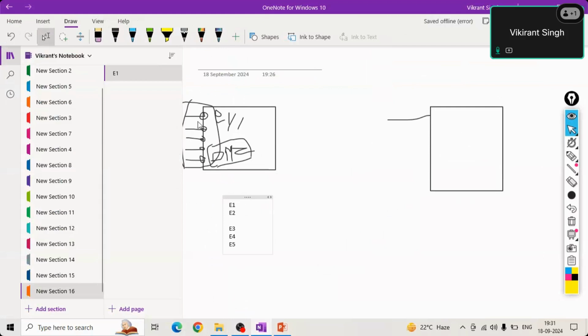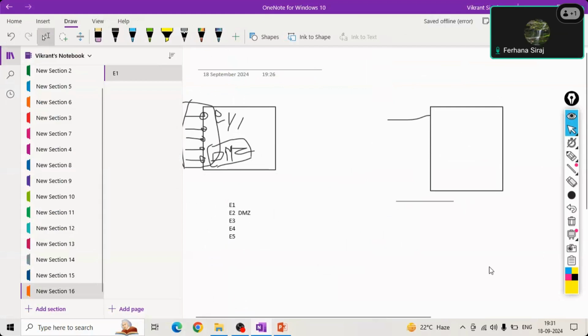So we have these five interfaces, and we have already associated these interfaces to this DMZ zone. We cannot add these interfaces again to the DMZ.